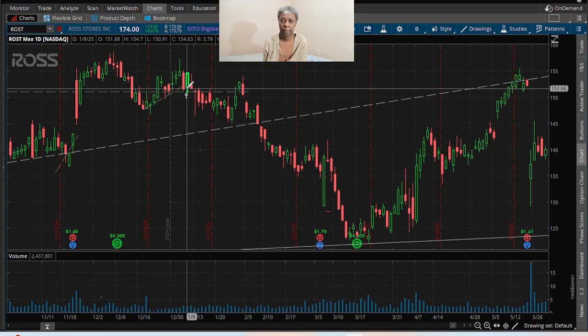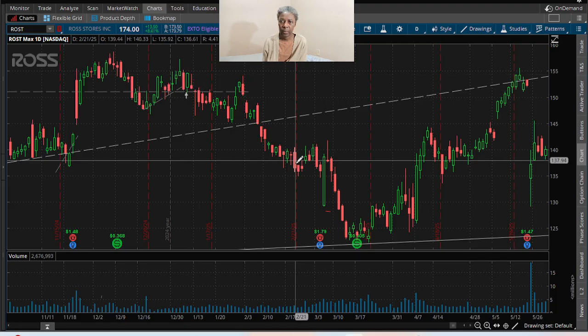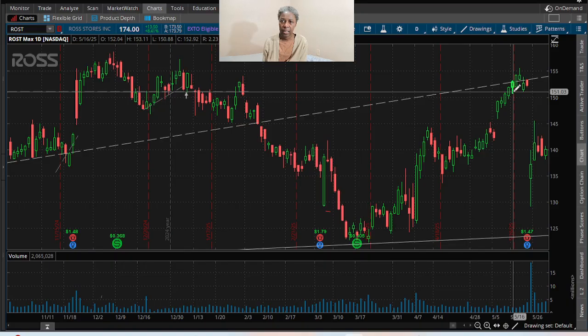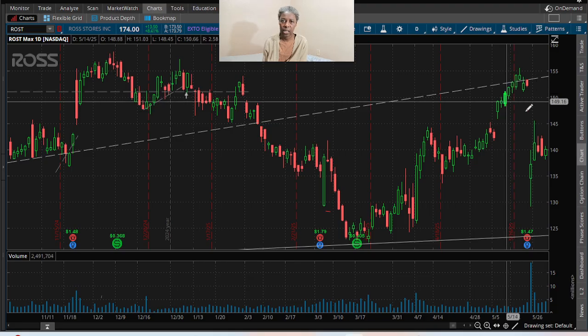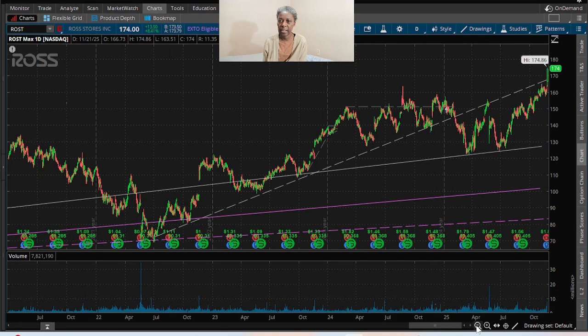But then shortly after that it became negative, and I became positive here, and then it became negative again, and I became positive from here around this area as well. Any candlestick above where I purchased it, I'll be positive in it, and any candlestick below where I purchased, I'll be negative for that time frame.